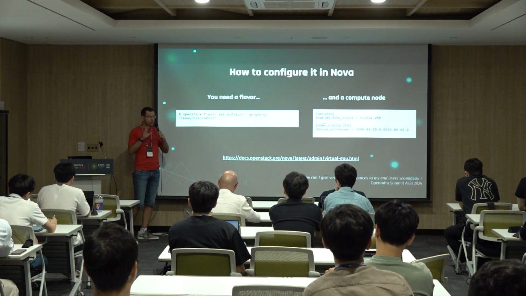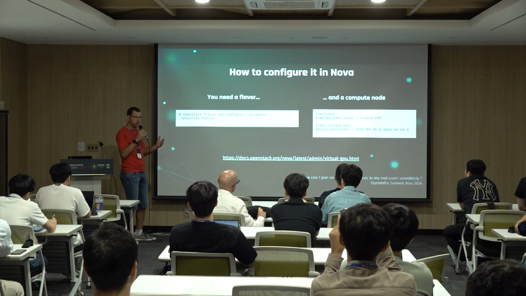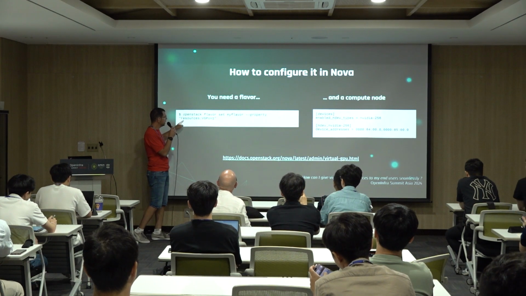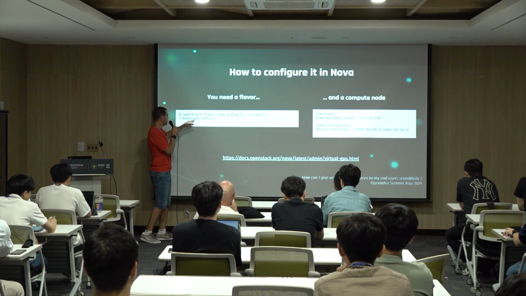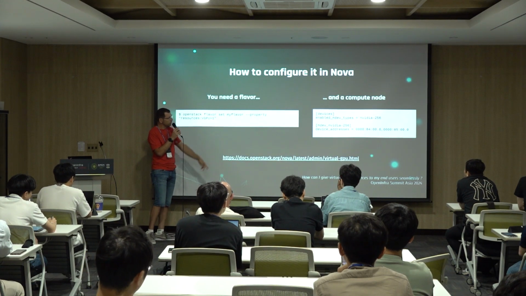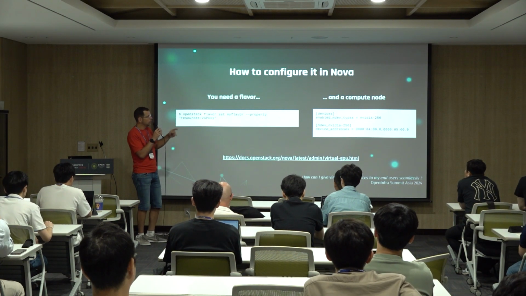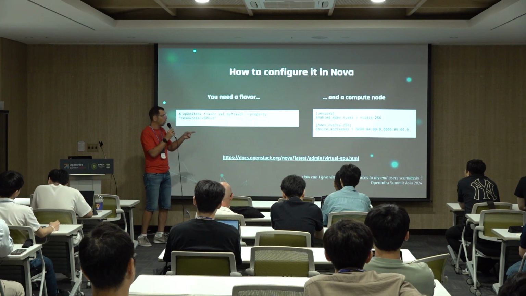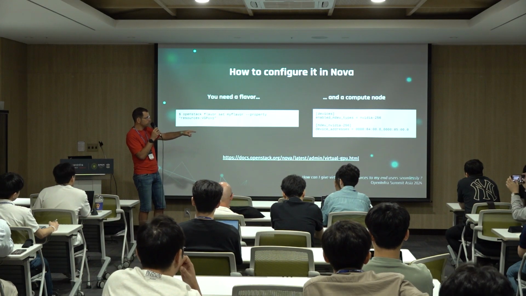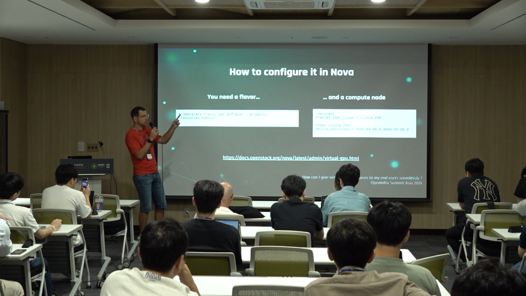So how to configure it in Nova? This is quite simple. What you have to do with OpenStack Nova in order to use virtual GPUs with the nVidia driver is to specify a specific flavor where you say, I want to create an instance with one single virtual GPU, and then you have to configure the compute node to say, for example, in that specific example, with the two GPUs having the PCI addresses that you can see in device addresses, I want to use the GPU profile or GPU type named nVidia-256.